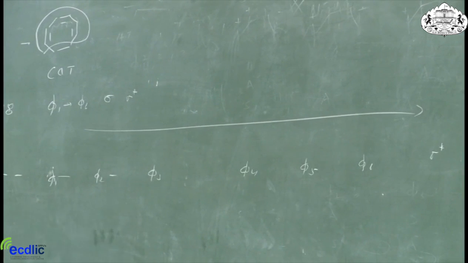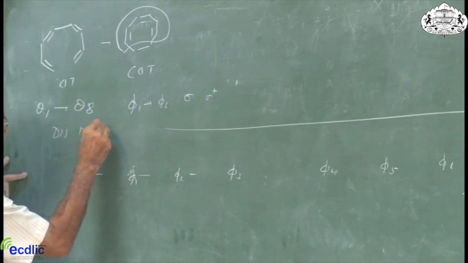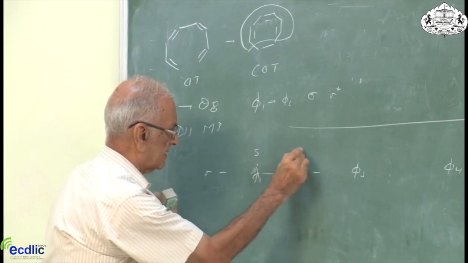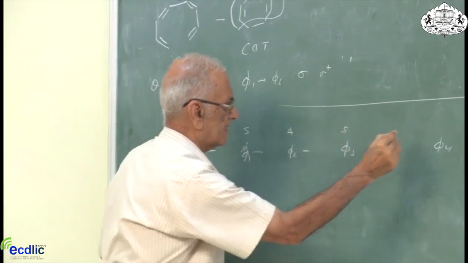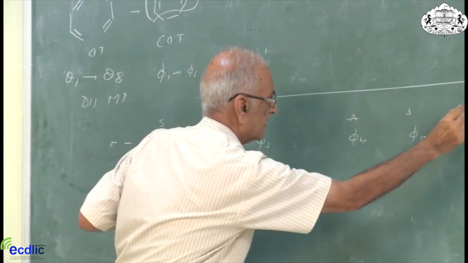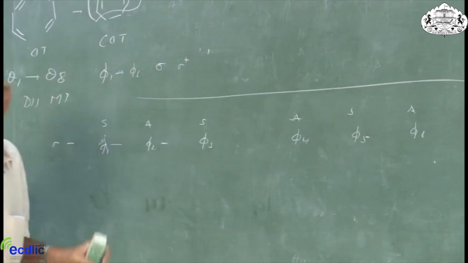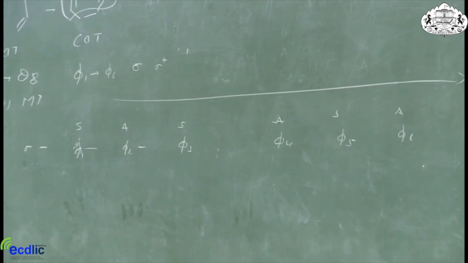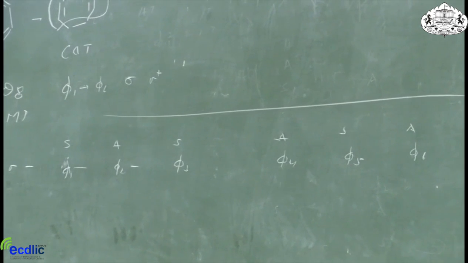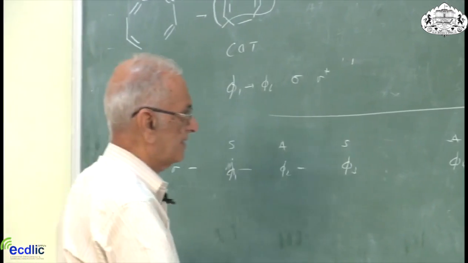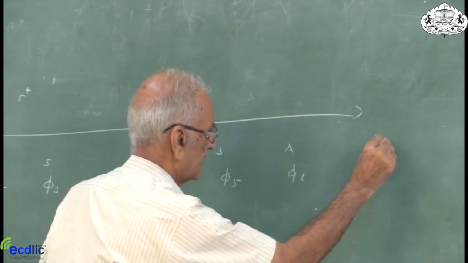Put the labels. We are looking at disrotatory, so mirror plane. So, for this S, A, S, S, A, S, A. The olefinic component, disrotatory S, A, S, A, S, A. Sigma is symmetric, this is antisymmetric.